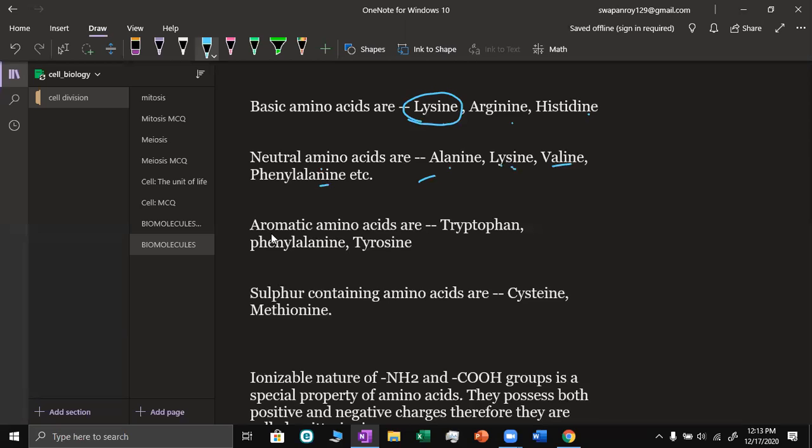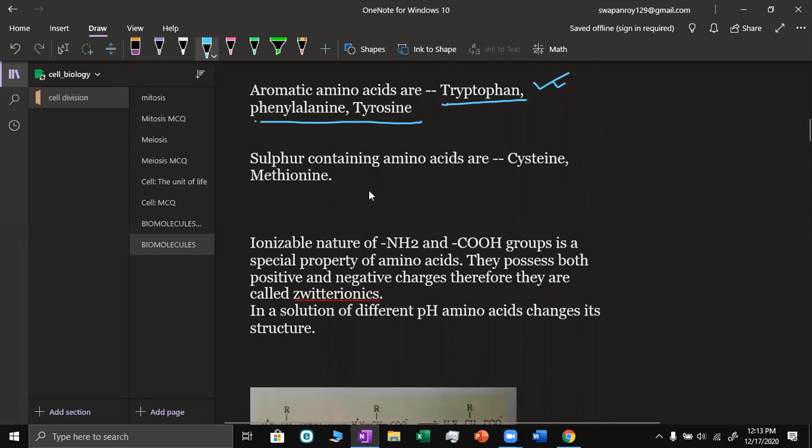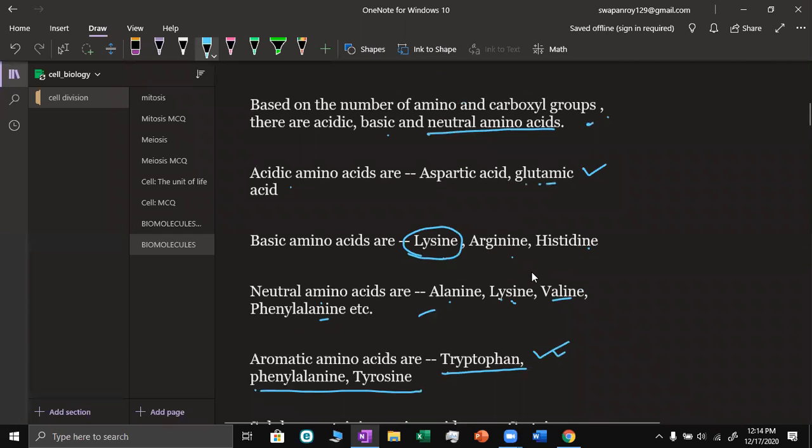And aromatic amino acids are tryptophan, phenylalanine, and tyrosine. These are the aromatic amino acids you have to remember. And some amino acids have sulfur in them, and the sulfur-containing amino acids are cysteine and methionine.